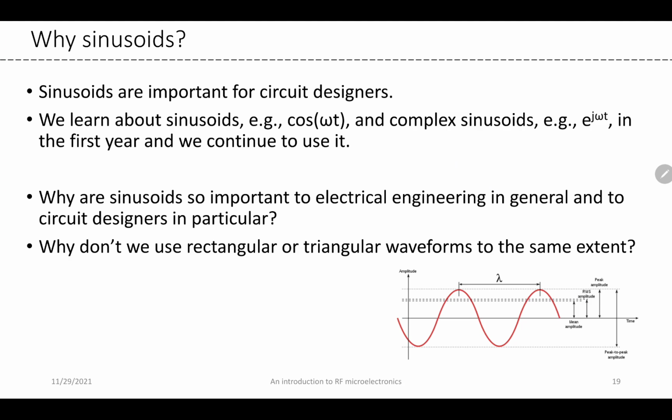Okay, now moving on to the question of sinusoids. You might see that we'll always talk about sinusoids when we're dealing with RF, or even with analog. Even in a basic signals and systems course, you'll see sinusoids being talked about a lot.